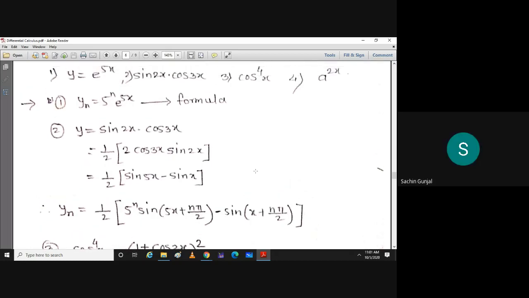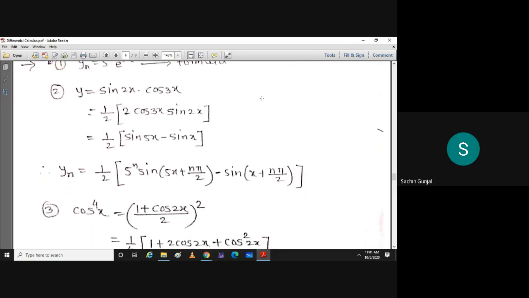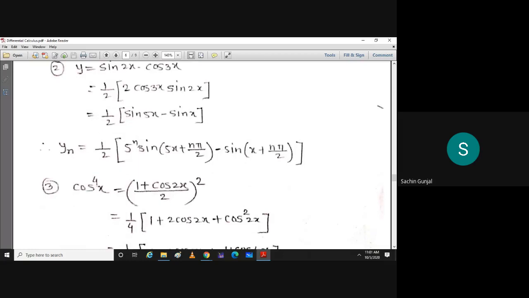Then third is cos raised to 4x. Again, you don't know nth derivative of cos raised to 4x. Because there is no direct formula for it, you need to simplify it into such functions whose nth derivative you know. So cos square x you can write as 1 plus cos 2x upon 2.